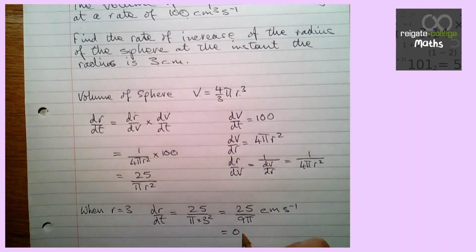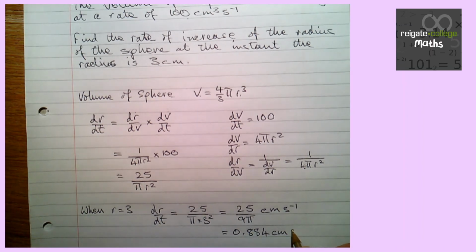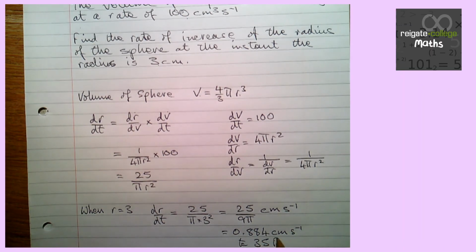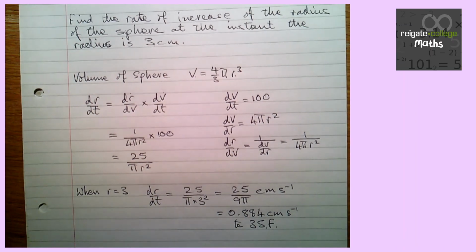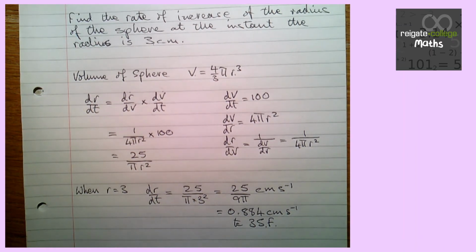Which is 0.884 centimeters per second to 3 significant figures. You should be giving answers, unless you're told otherwise in the question, to 2 or 3 significant figures. So here we could say 0.88 to 2 significant figures. Okay, and that's it for the moment. That's connected rates of change.